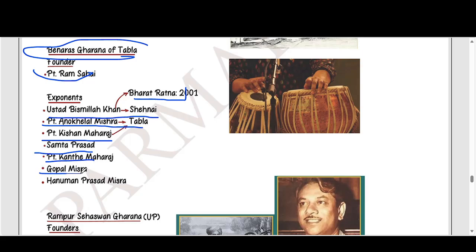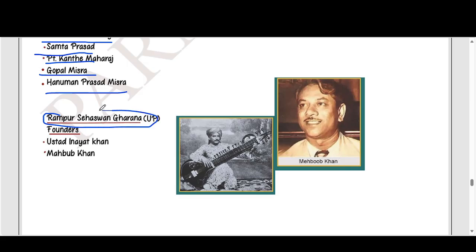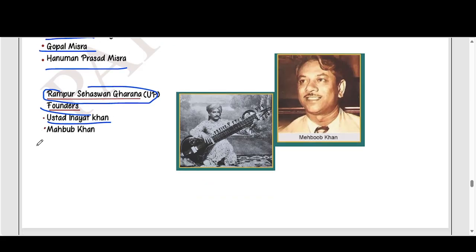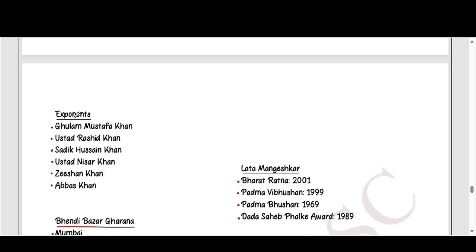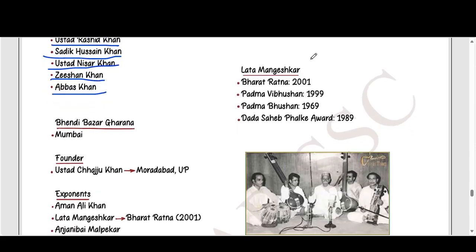Kanthe Maharaj, Gopal Mishra, Hanuman Prasad Mishra. Rampur-Sahaswan Gharana, UP, founder Ustad Inayat Hussain Khan, Mehboob Khan, exponents Ghulam Mustafa Khan, Ustad Rashid Khan, Sajid Hussain Khan, Ustad Nisar Hussain Khan, Ghulam Abbas Khan.